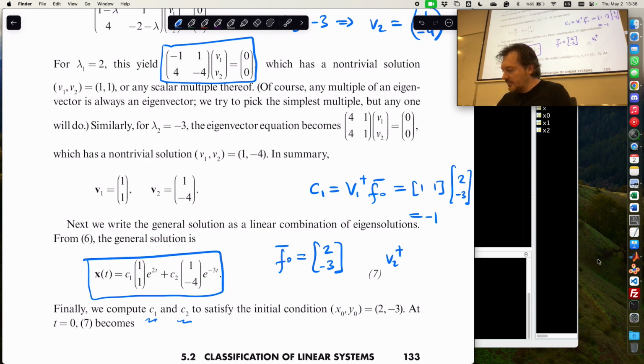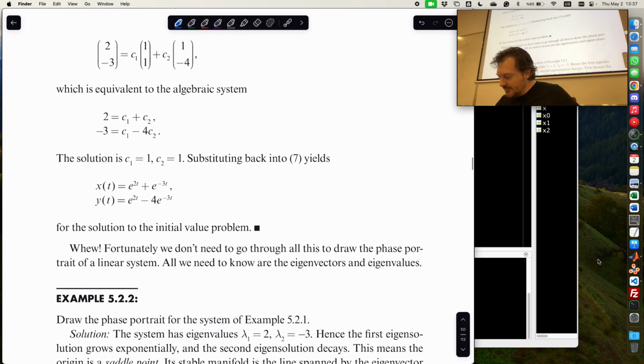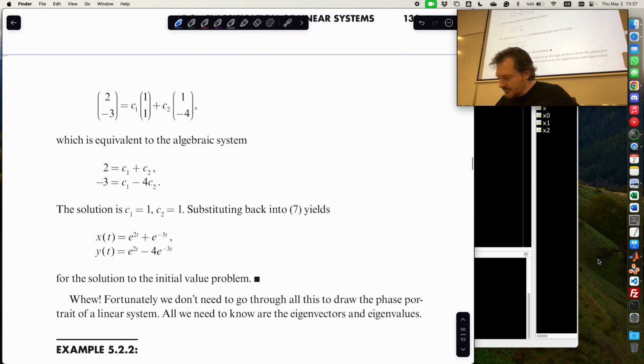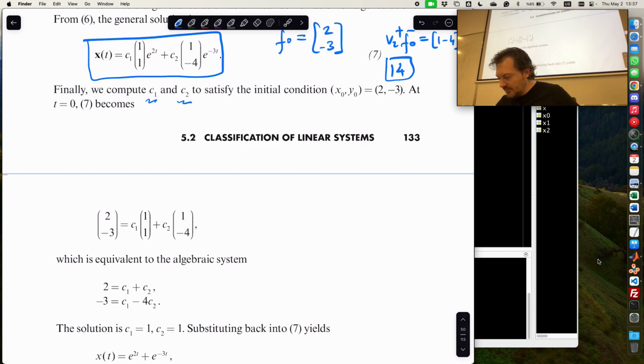V2 dagger, I'm afraid this will be wrong, but let's trust in ourselves. (2, minus 3), what do you get? 14. Looks weird. Let's see. It's wrong? Is it wrong?